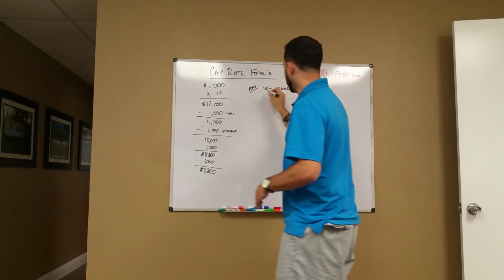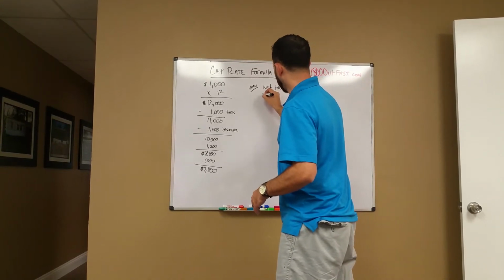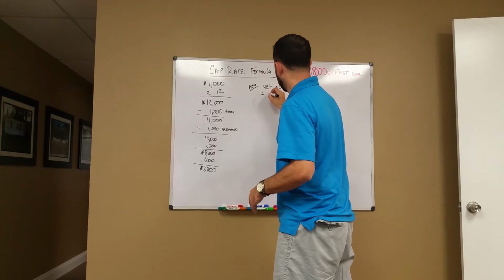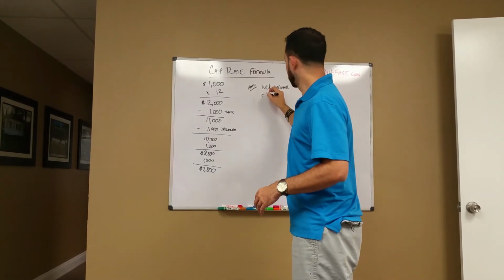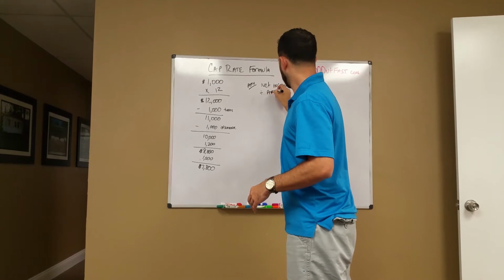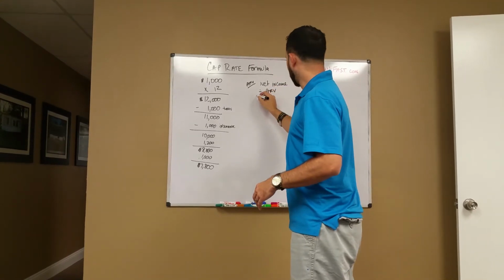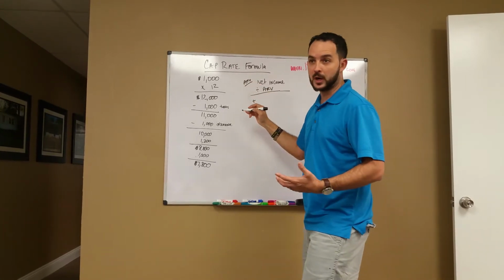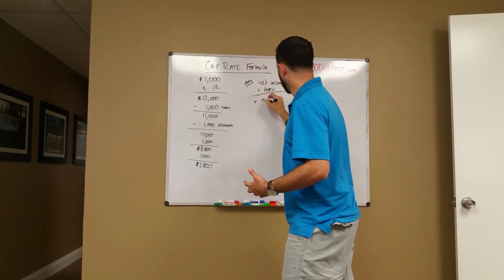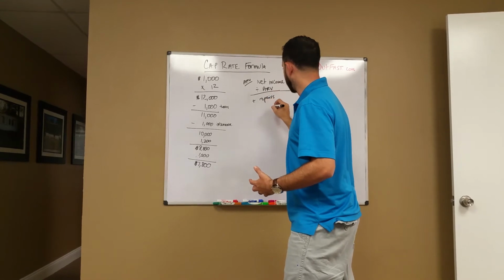So the net income down there divided by the ARV, and then you're going to come up with a number, and you're going to add then the repairs when you purchase the property. Hope that makes sense.